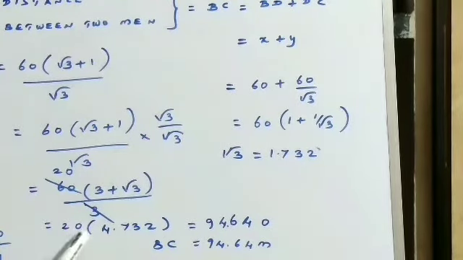We have to add 0 also. So add 0, then 1 2 3. After 3 numbers you put the decimal. That gives 94.64. Leave 0. Now you can write the distance between the two persons, that is BC equals 94.64 meter.